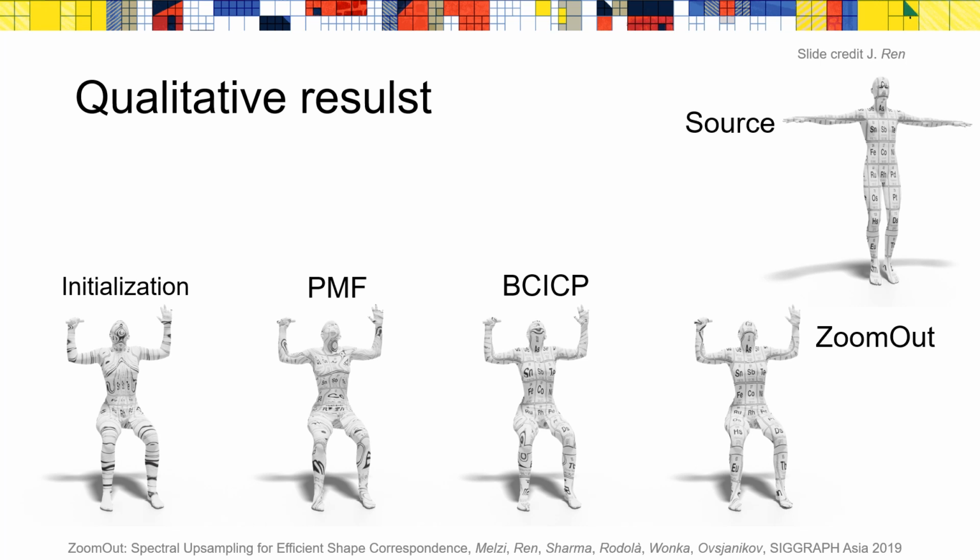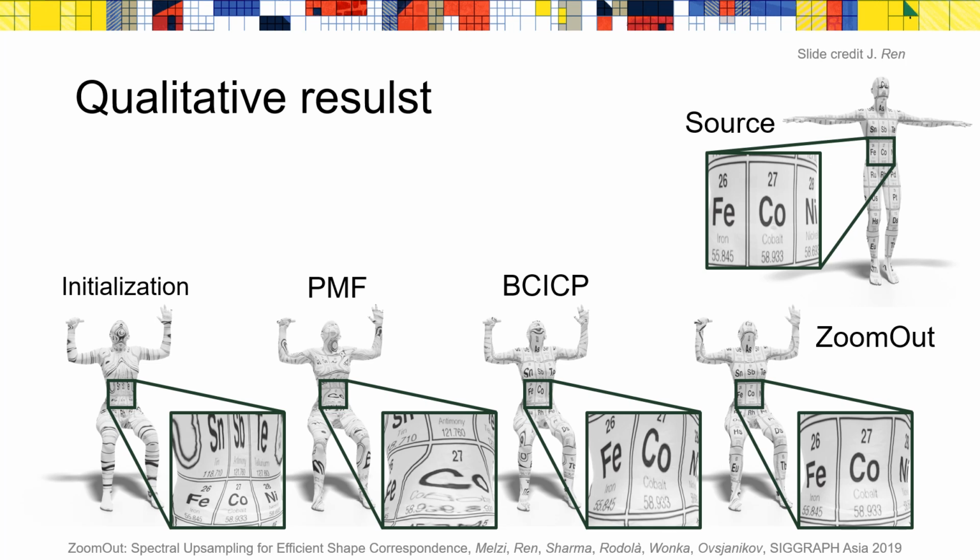And on the right of the second row, we have the zoom out result. As you can see, the texture is better transferred by the zoom out technique. Also, I would like to highlight the difference between the transfer of the initialization on the left of the second row and the transfer obtained with the zoom out technique on the right of the second row.